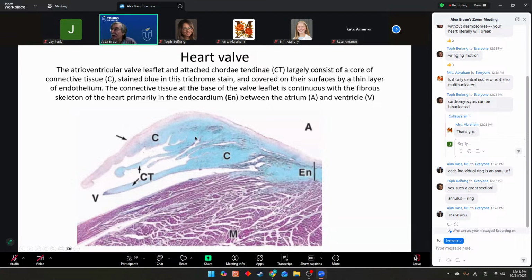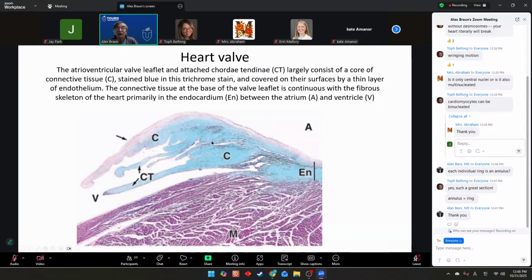The connective tissue here is continuous with and merges actually with the connective tissue of the annulus, which is part of the cardiac skeleton, and the endothelium, which covers the valve on both atrial and ventricular sides, is continuous with the endothelium covering the remainder of the heart chambers.